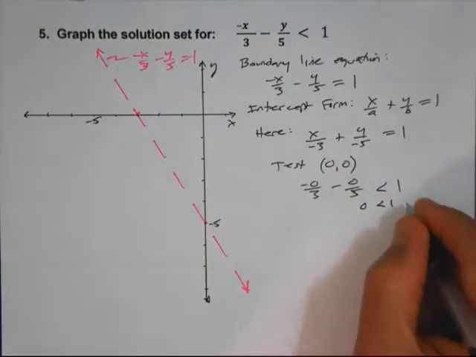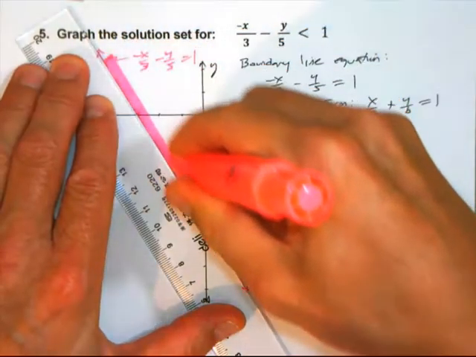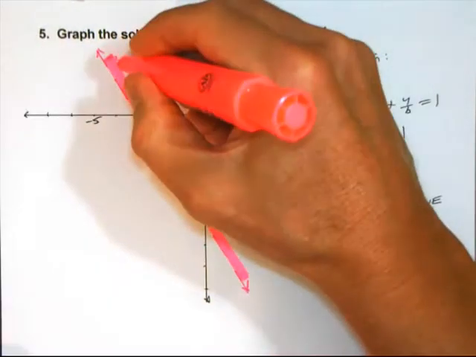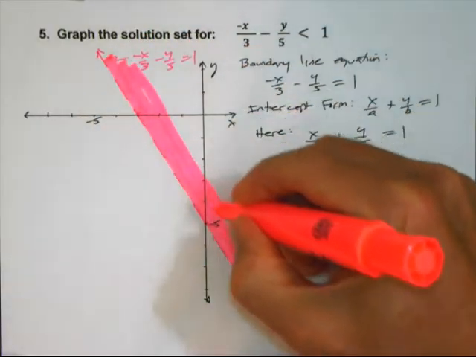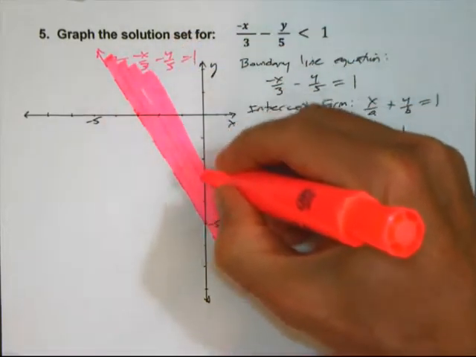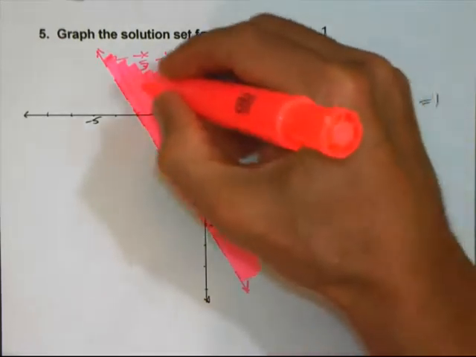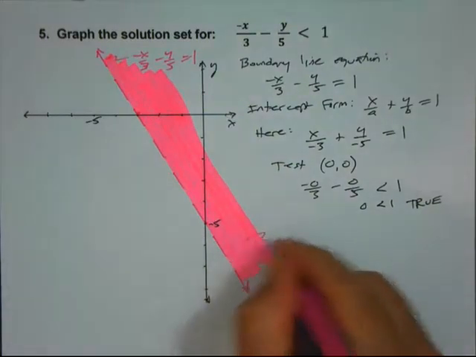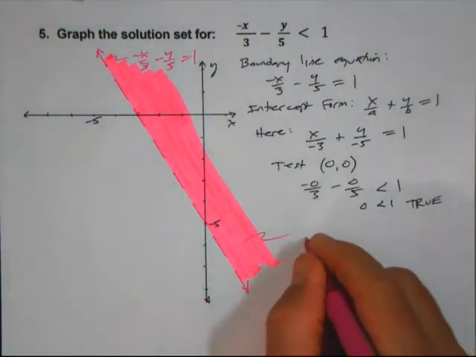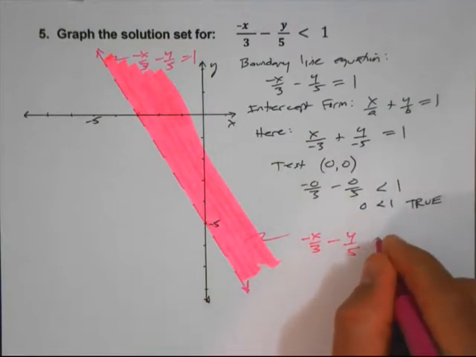Well, this would be true, telling us we should be shading (0, 0)'s side of the line. Can label our entire region here as being -x/3 minus y/5 less than 1.